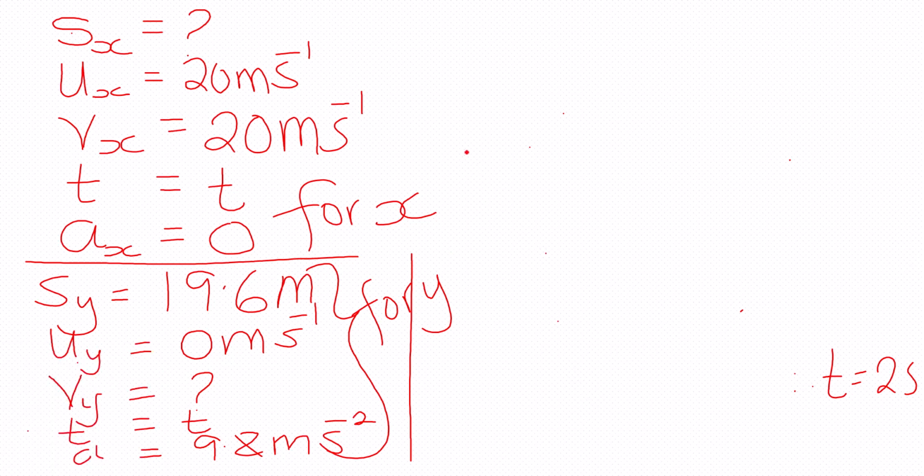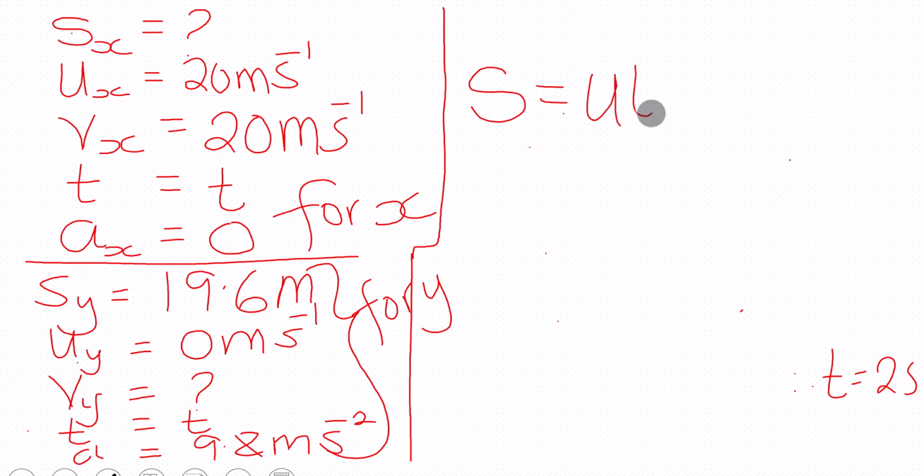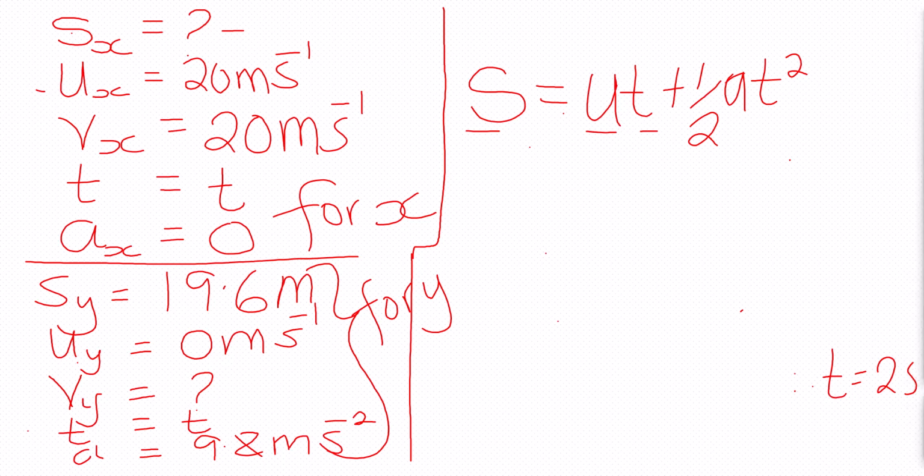If I still substitute in the second equation of motion, which is S is equal to ut plus a half a t squared, our S is unknown, our u is known, our t is also known, and our acceleration is known, so we can calculate the displacement.